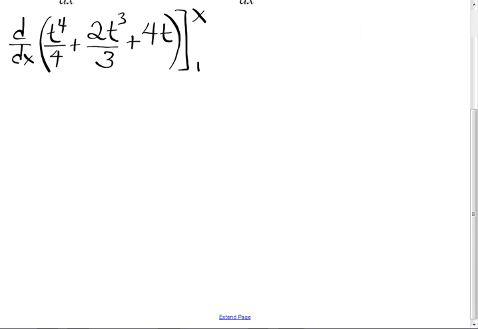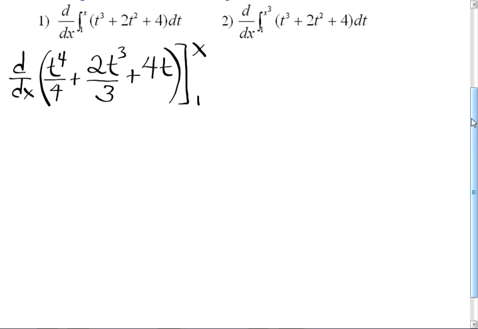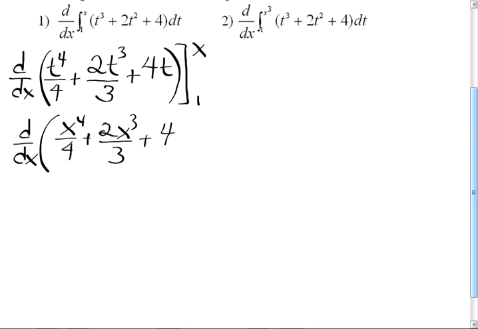Oh wait, I gotta do the fundamental theorem. So it's x to the fourth over 4 plus 2x cubed over 3 plus 4x, minus all these numbers.